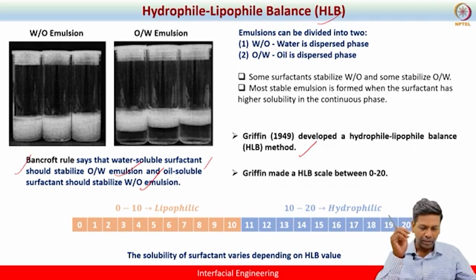Similarly, Griffin developed the HLB scale between 0 and 20. When it is very close to 0, it is completely lipophilic, or hydrophobic. When it is 20, it is completely hydrophilic. In between, they bring a combination of both hydrophobic and hydrophilic.